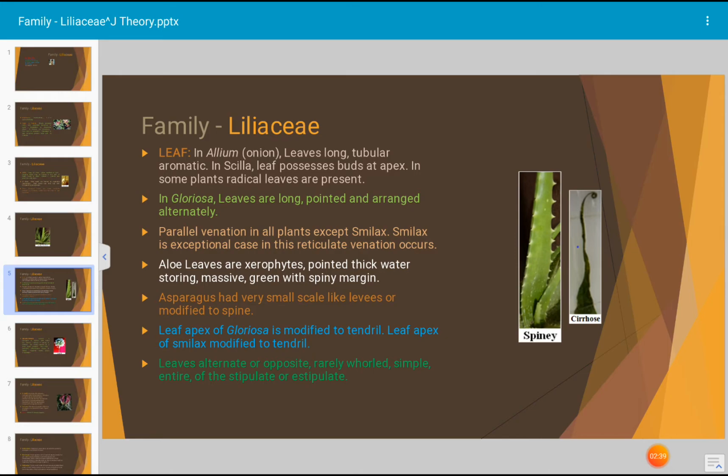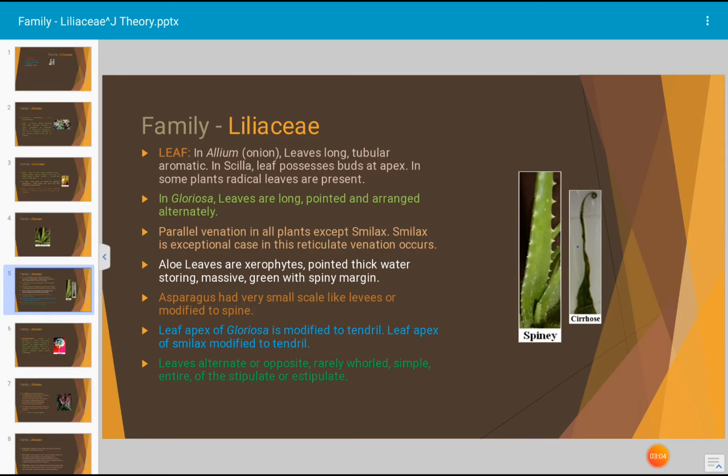In Gloriosa, leaves are long, pointed and arranged alternately. Parallel venation occurs in all plants except Smilax. Smilax is one plant of family Liliaceae in which reticulate venation occurs. It is an exceptional case in this family.